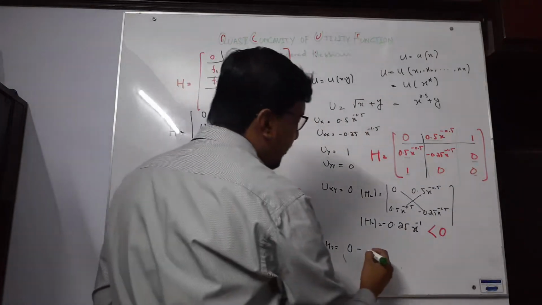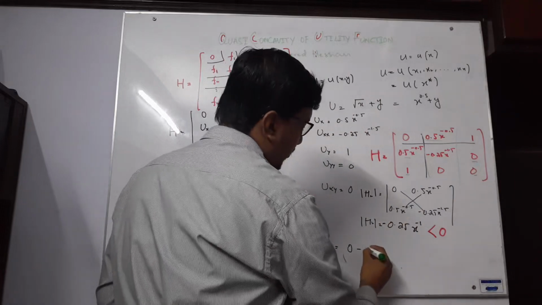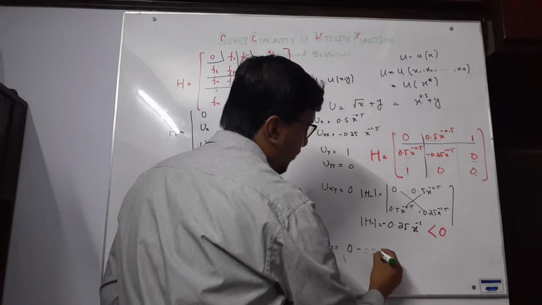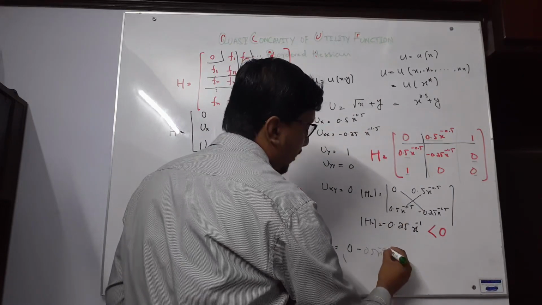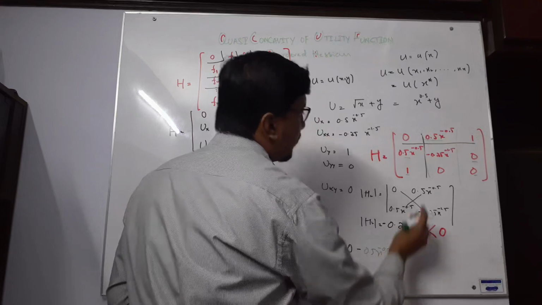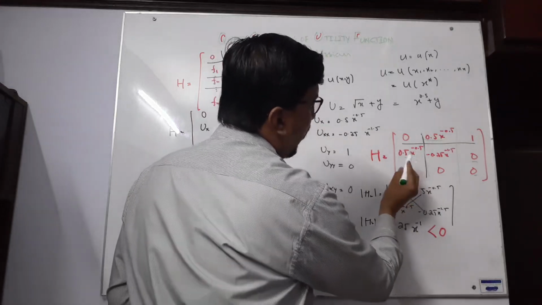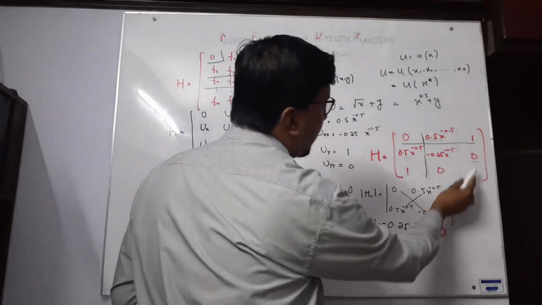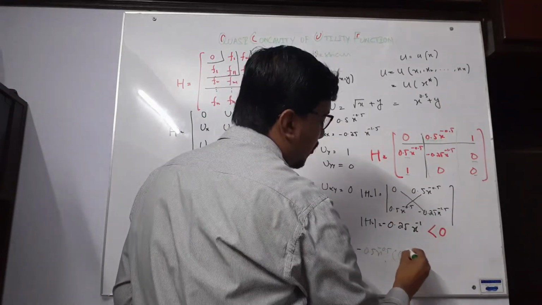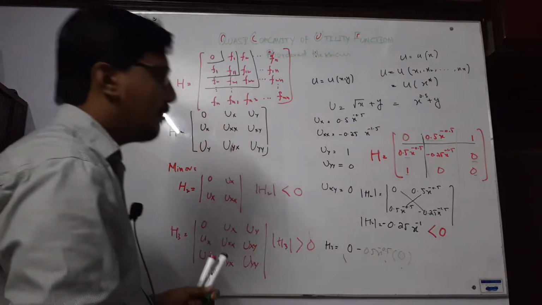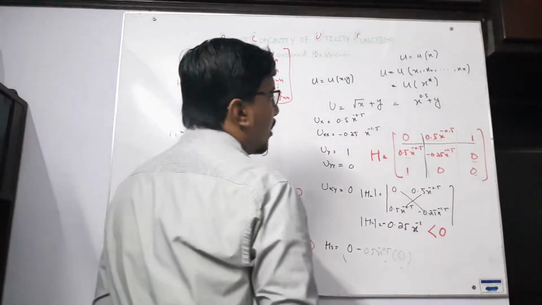We can easily say the term is 0.5 x^-0.5, but when we make the cross multiplication, this to this and this to this, the answer will be 0. So again the second term of the determinant is also 0.